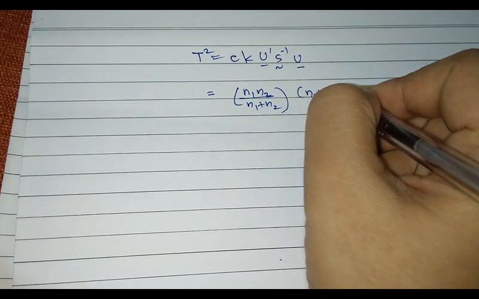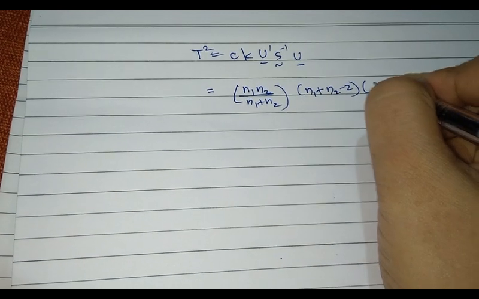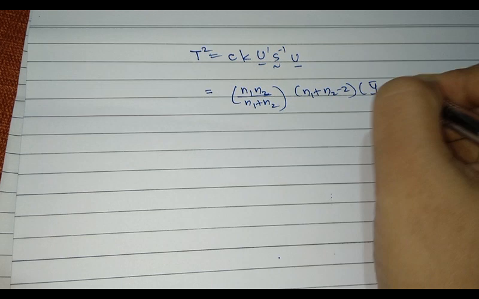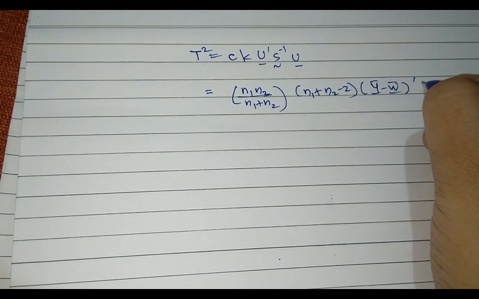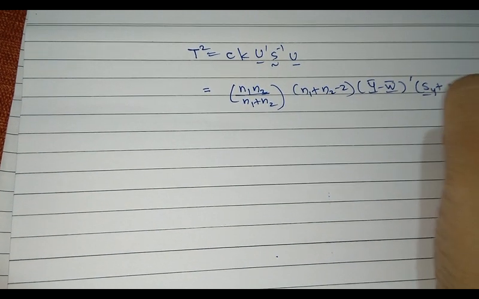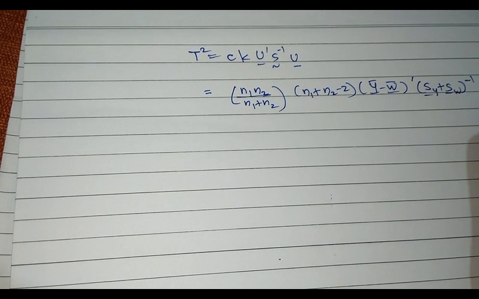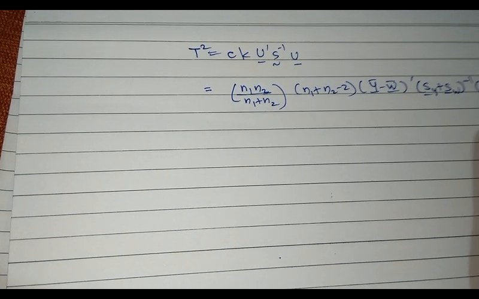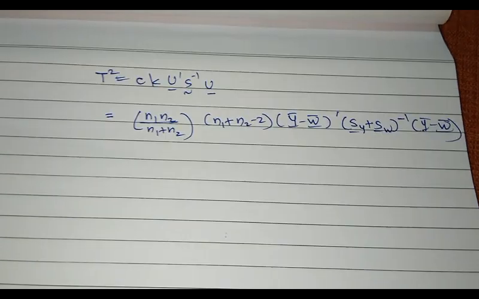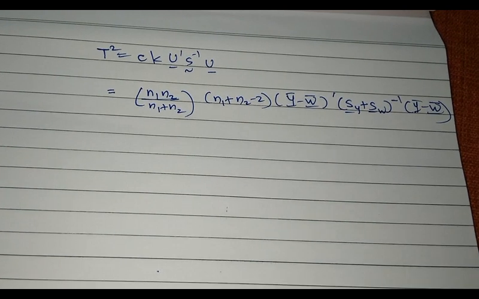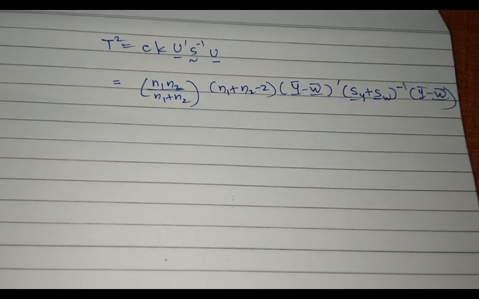K is N1 plus N2 minus 2. U is Y bar minus W bar prime. S is SY plus SW inverse, Y bar minus W bar. So this is how my test statistic looks.